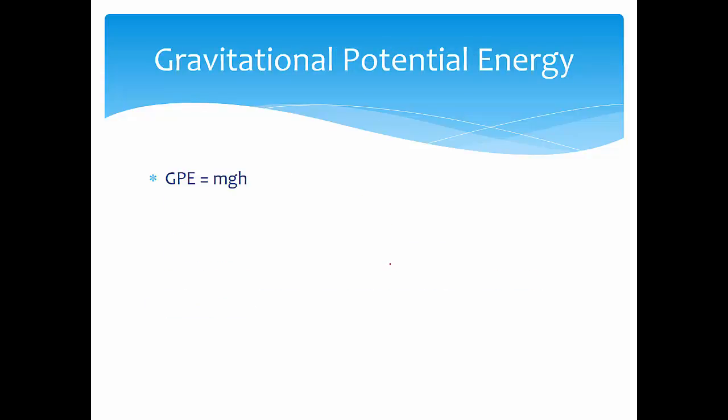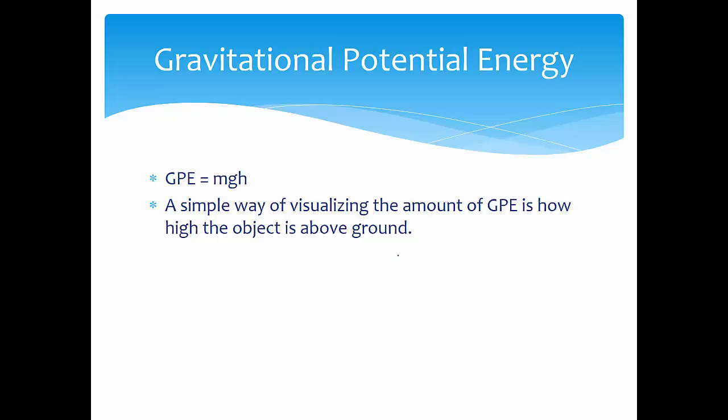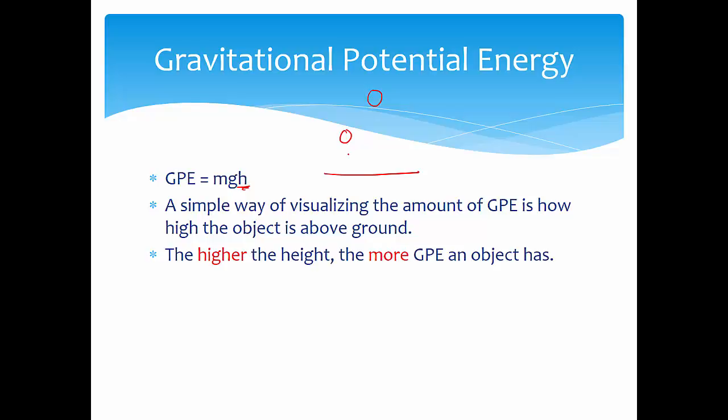Looking at the formula, a simple way of visualizing the amount of GPE is how high the object is above the ground. If you have two similar objects, one higher and one lower above the ground, the higher object has more gravitational potential energy.